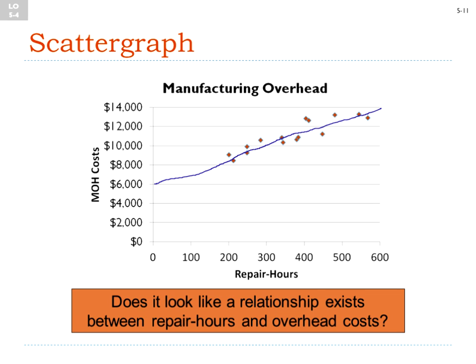We can draw a line through. So it looks like the relationship between repair hours and overhead costs is generally a positive relationship, where as repair hours increase, so does manufacturer overhead cost.